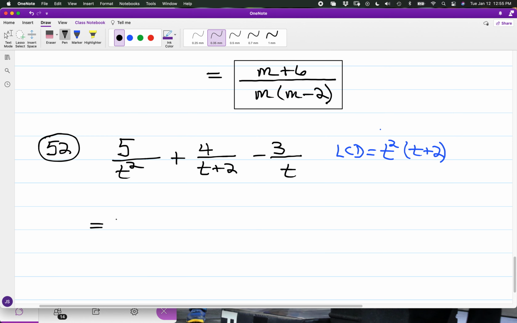And looking at what we have among the 3 ratios, I'm going to raise 5 over t squared in terms of the least common denominator. Now, we already have t squared, now we need the t plus 2. For the next ratio, I have 4 over t plus 2.